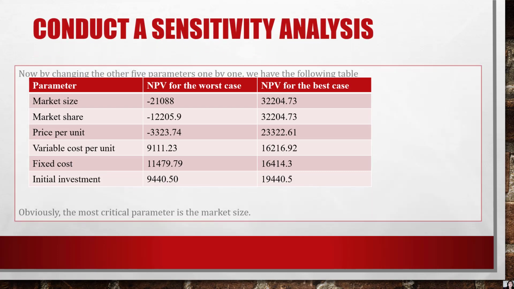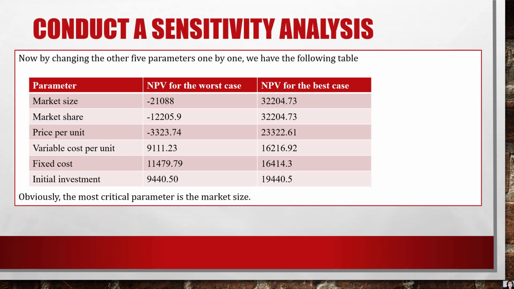Now we are going to change the other five parameters one by one, and after we repeat all the calculations, here is the table of results. For the market size, we have figured out the worst case is negative 21,088. The best case is 32,204.